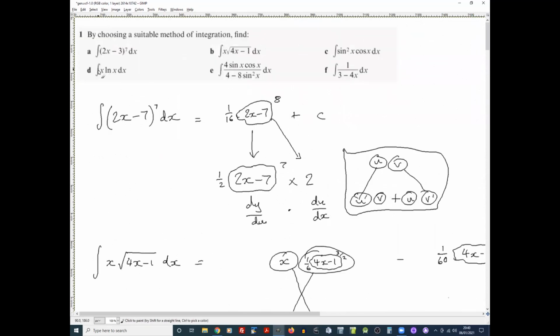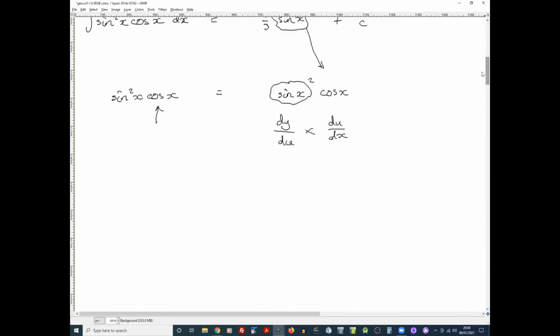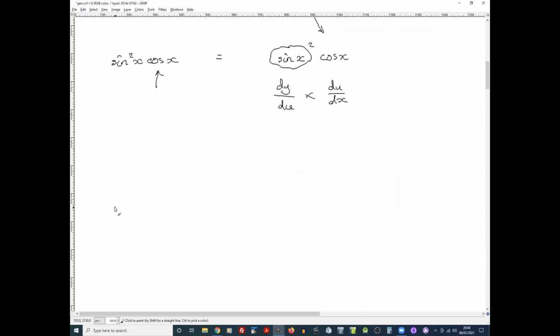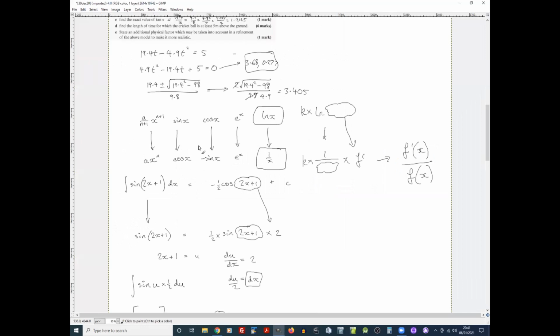Let's try one more. X log x. Oh, that's fun. X log x is lovely because it's a nice example of something. So we've got x log x. Now log x. Where's log x along here?